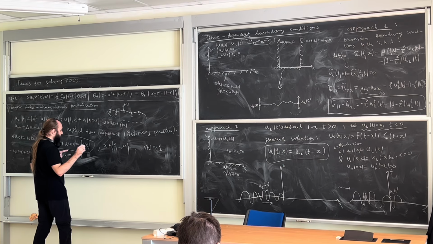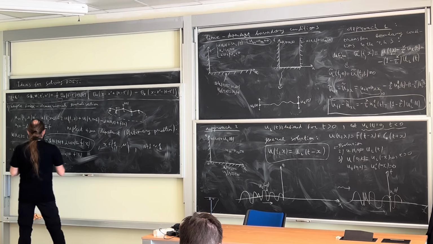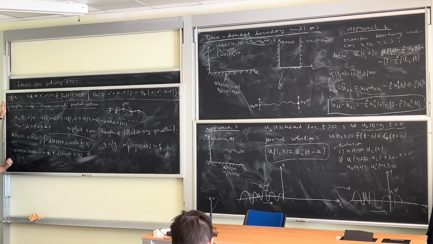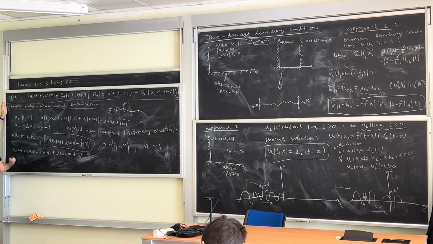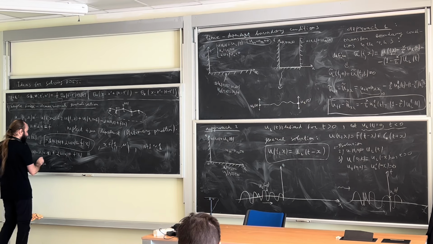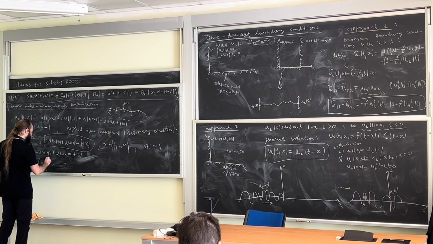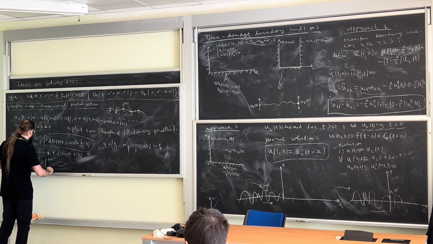And this equation can be written in matrix form. So we can write essentially that u of x can be packed into a vector. So you can write that vector u equals u of 1, u of 2, and so on, u of n. And in the same way, f of x can be packed into the same kind of vector, f of 1, and so on, f of n.